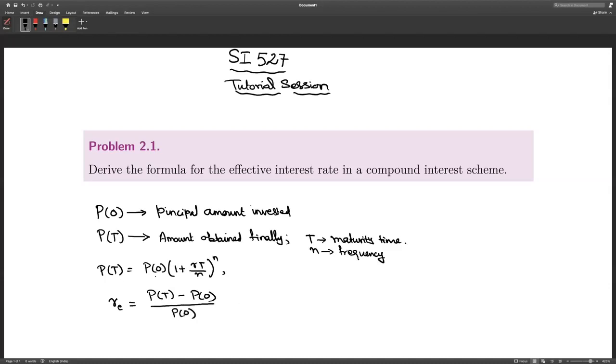Now, put this value into P of T here, and that will give you finally the expression for the effective interest rate that can be simplified to the form 1 by T into 1 plus R T by N, the whole power N, minus 1. And this is the required formula for the effective interest rate.